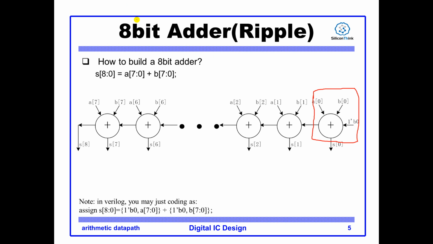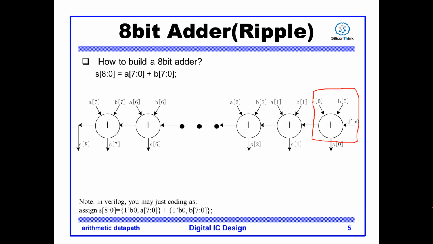So this is an example of building an 8-bit full adder using the 1-bit full adder. You just cascade them up to get the 8-bit adder function.